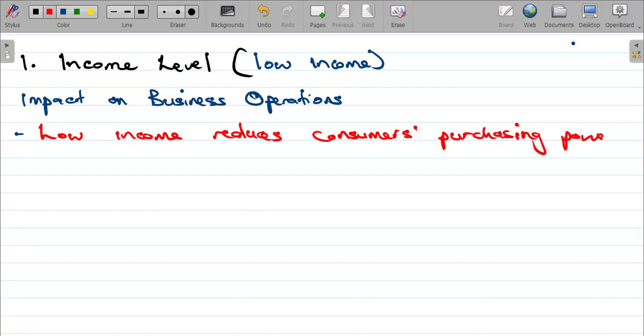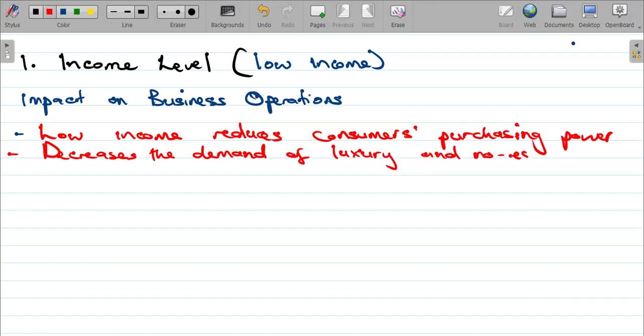It also decreases the demand of luxury products and non-essential products or services.